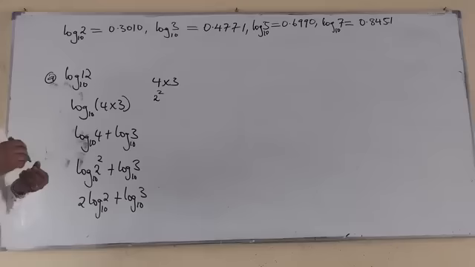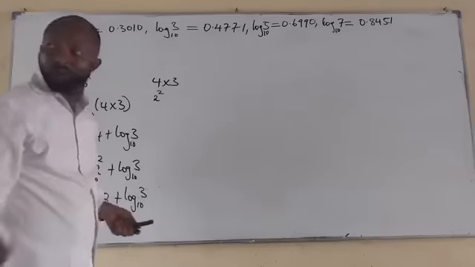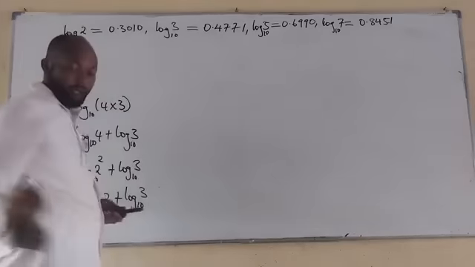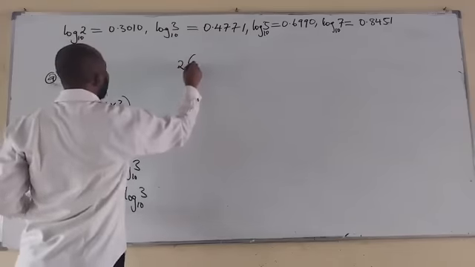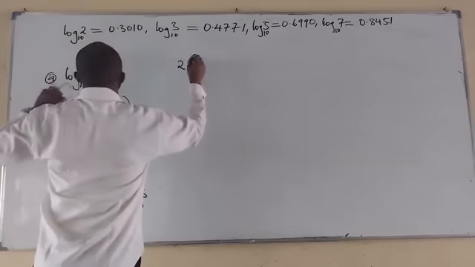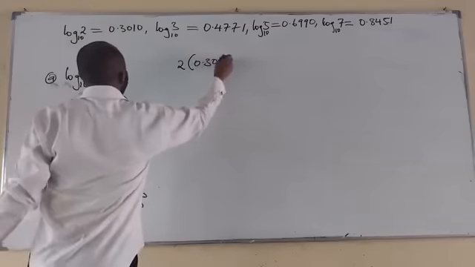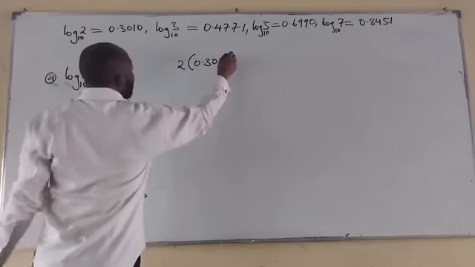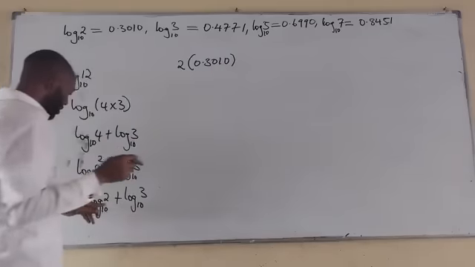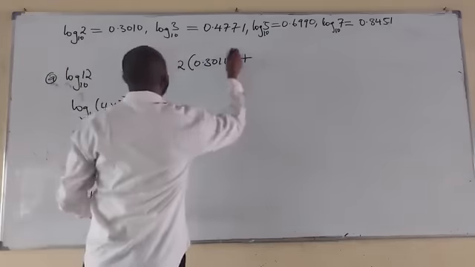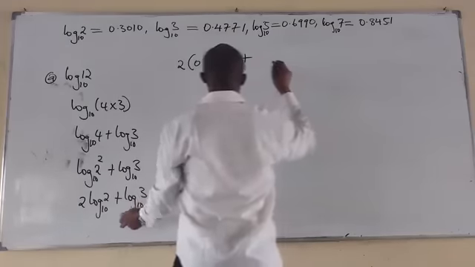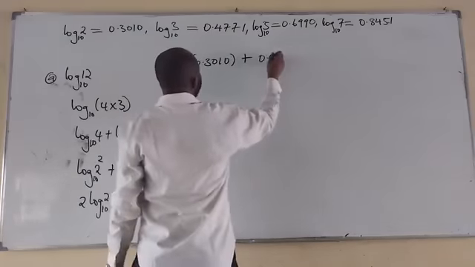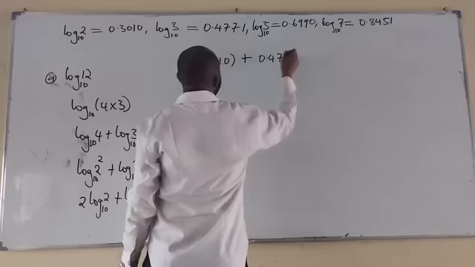So this becomes 2 times log 2, which is 0.3010, plus log 3, which is 0.4771.